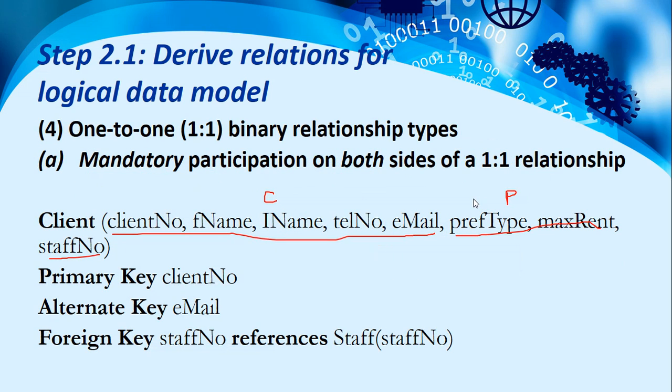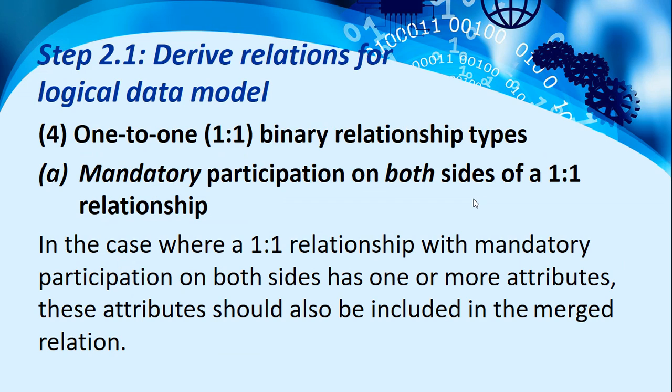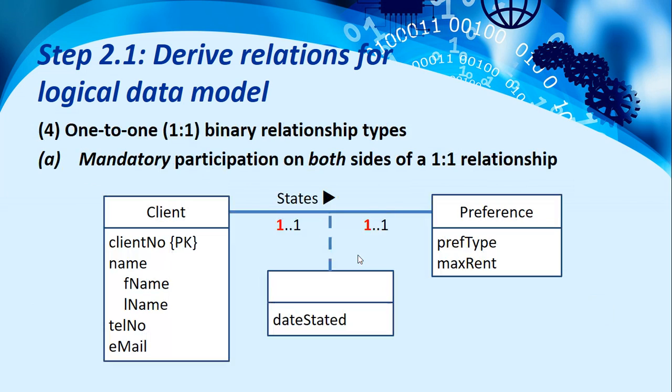Okay, so let's proceed, no? In the case where a one-to-one relationship with mandatory participation on both sides has one or more attributes, these attributes should also be included in the merged relation. So again, these attributes refer to the attributes of the relationship. For example, let's say we modified the previous example.